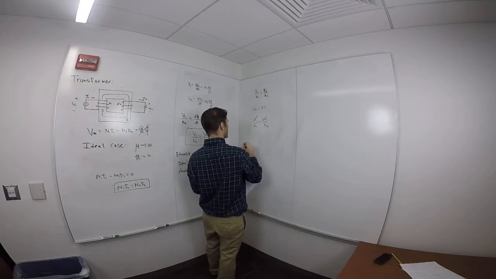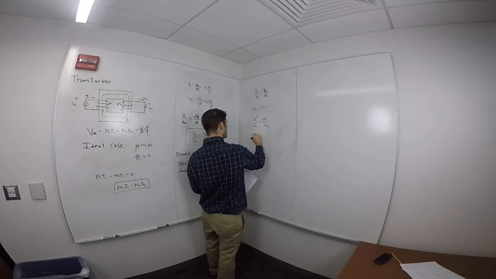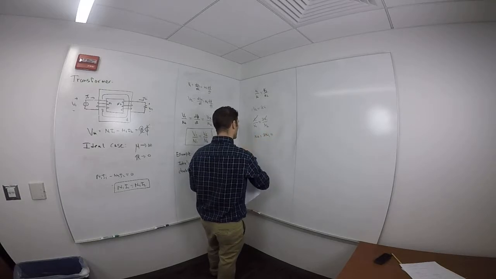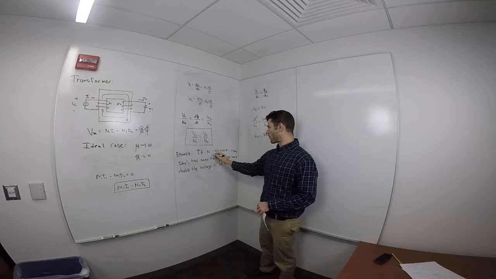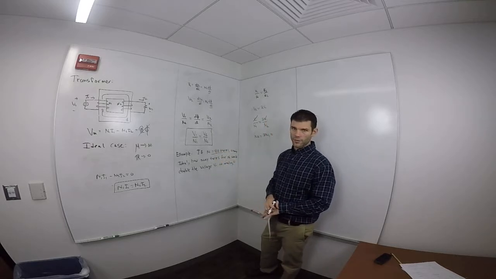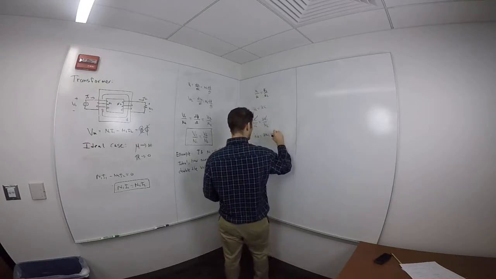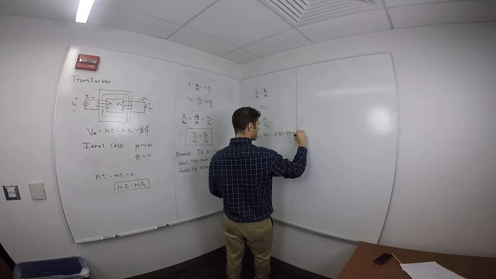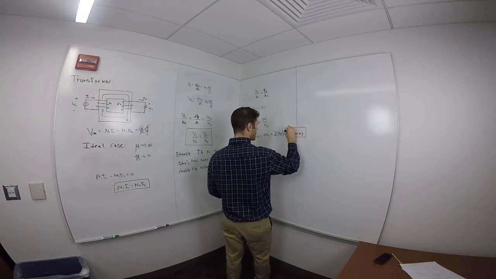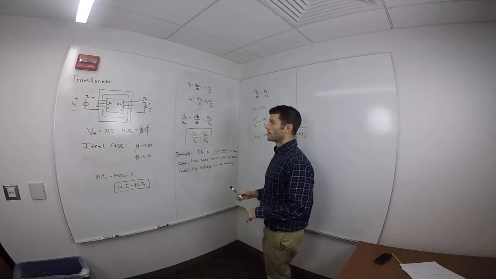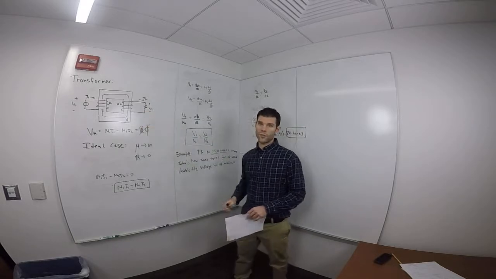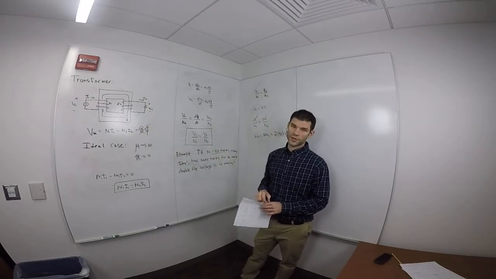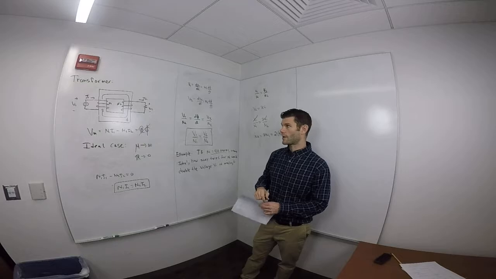And then we're going to say that N2 should be equal to 2 times N1. Well, we know that N1 is equal to 40 turns from the problem statement. So from there, we can see that N2 should be equal to 2 times 40 turns, or 80 turns. Okay? So if we had 80 turns on the secondary and 40 on the primary, we would get double the voltage out on the secondary than on the primary.